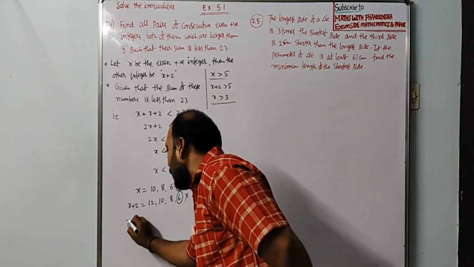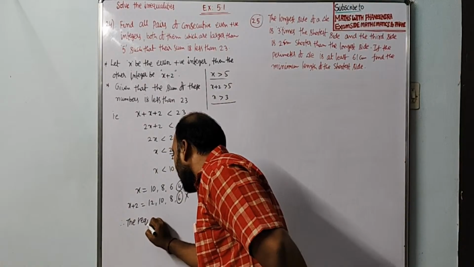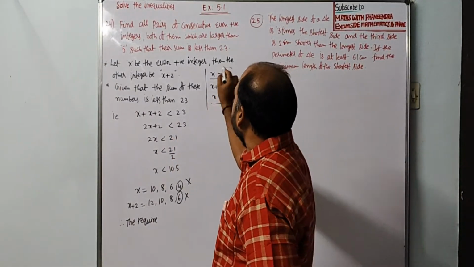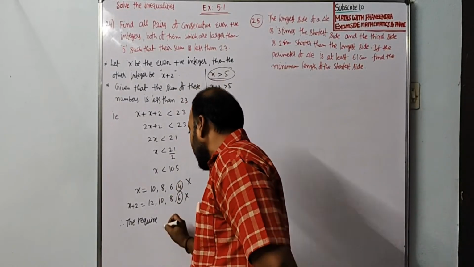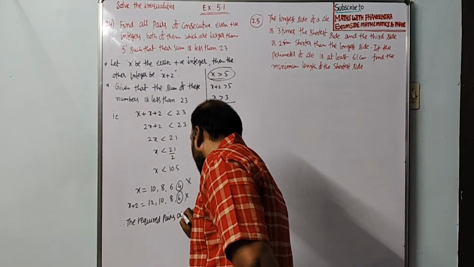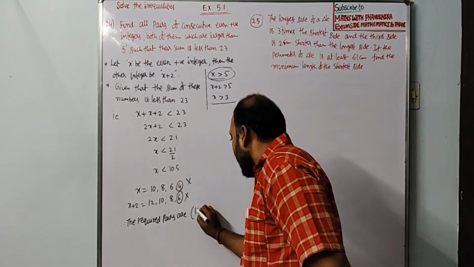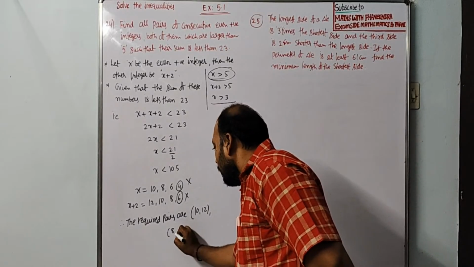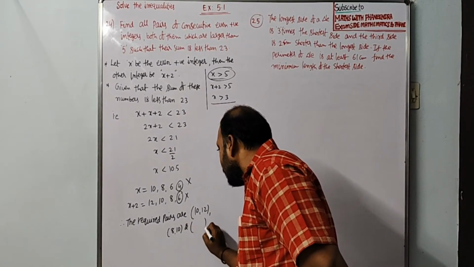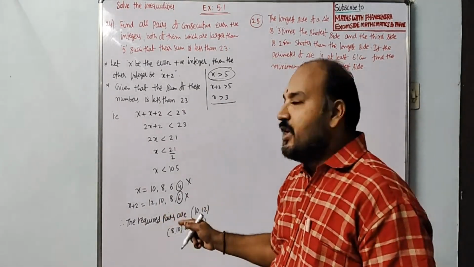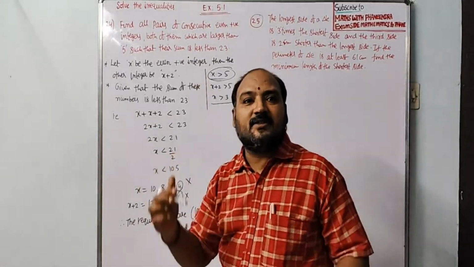So therefore, we cannot take the value 4, since x is greater than 5. The required pairs are 10, 12; next, 8, 10; and 6, 8. These are the only three pairs that satisfy these conditions.